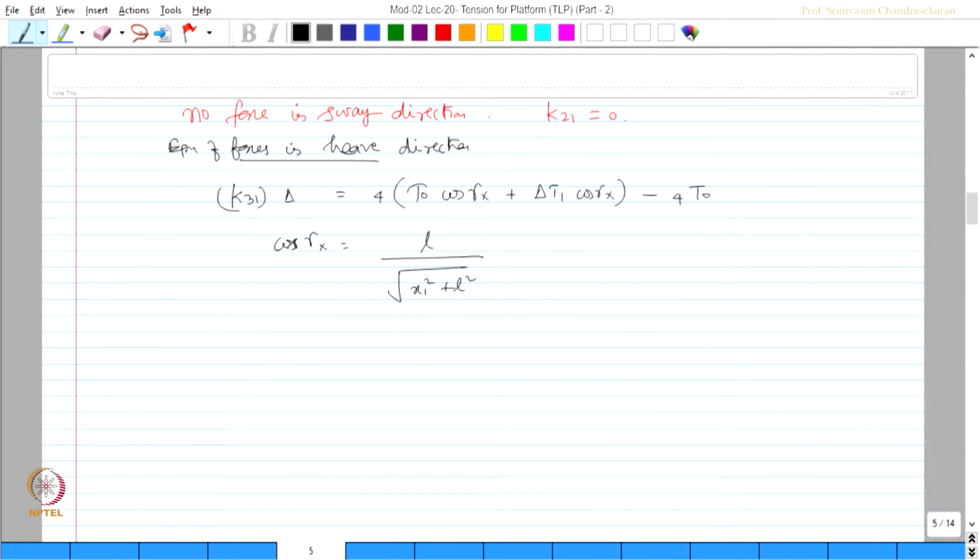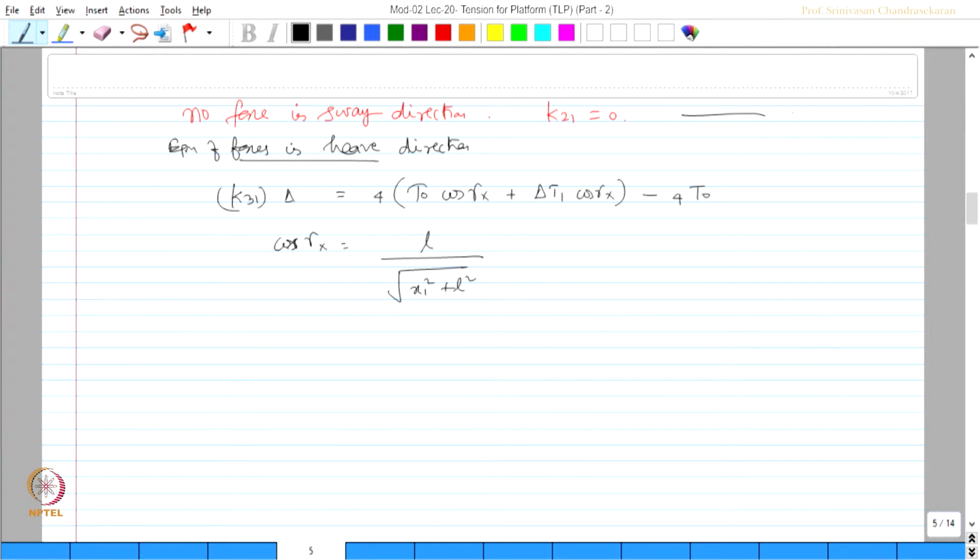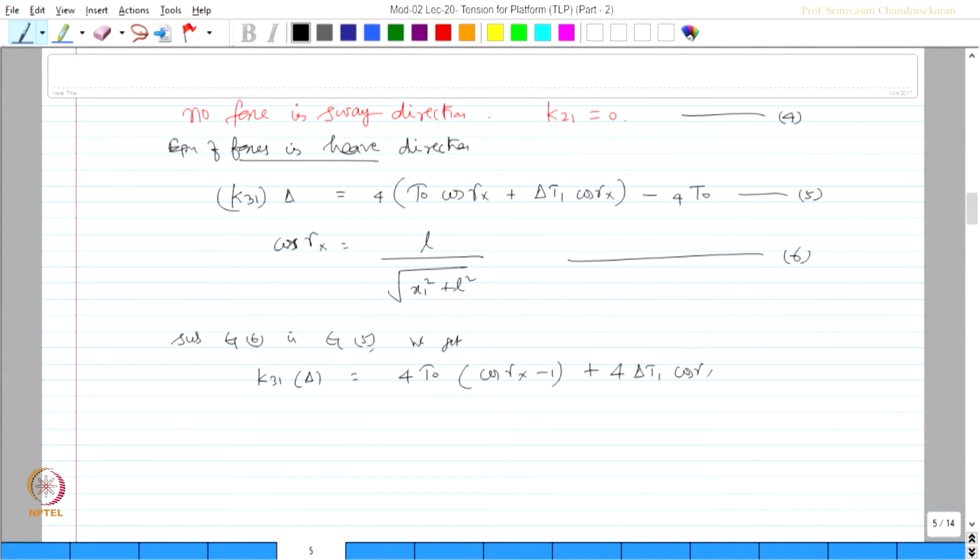So, substituting back, this is equation number, let us say 4, this is equation number 5, this becomes 6. So, substituting equation 6 in equation 5, we get K31 into delta will be 4 T0 cos gamma x minus 1 plus 4 delta T1 cos gamma x.